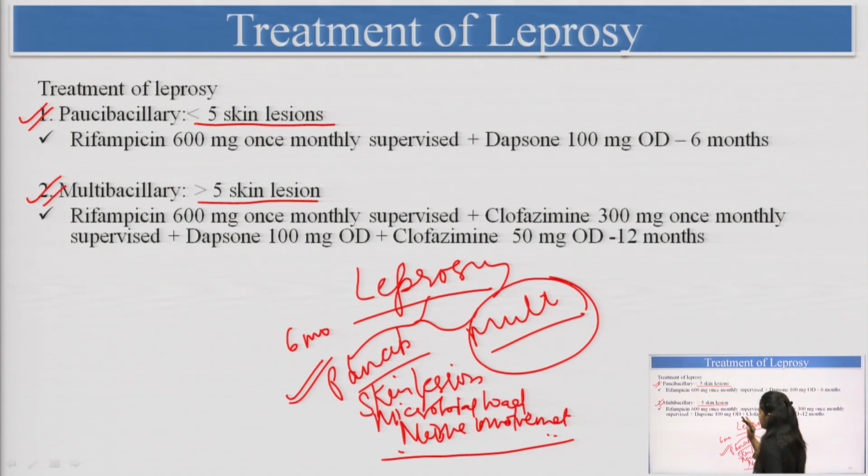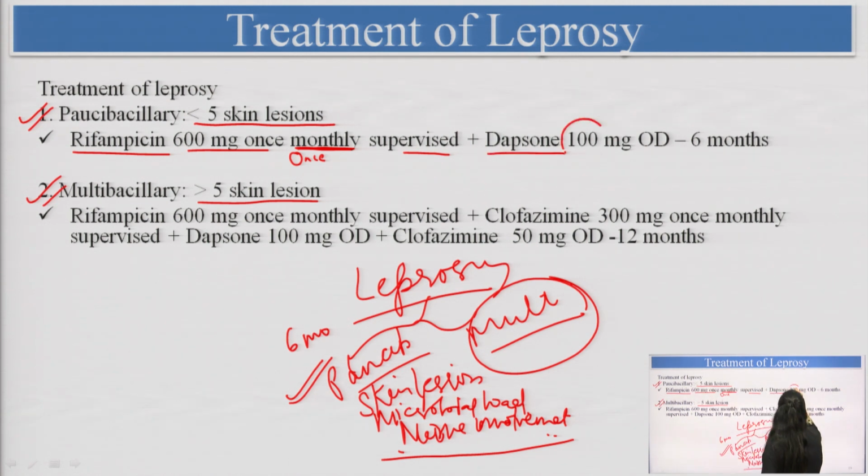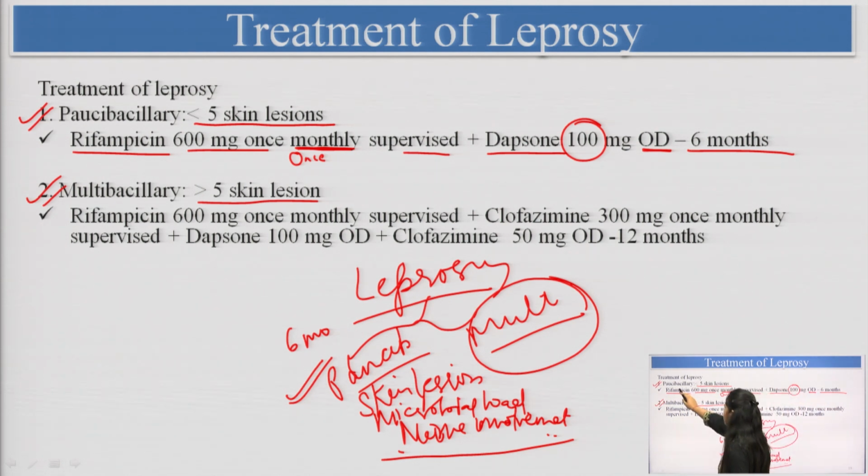Now, how will we treat? We will prescribe rifampicin 600 mg once a month. Monthly 1 tablet is given, supervised, plus dapsone 100 mg once a day, OD, for 6 months.